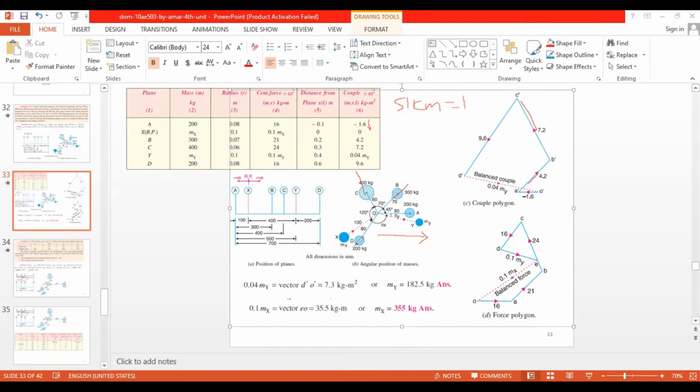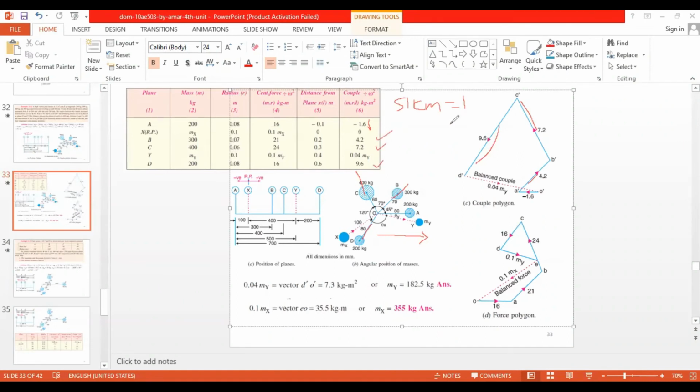Then I have D. From C I have D. These two should be parallel to each other, and the value is 9.6. So this is also fine.